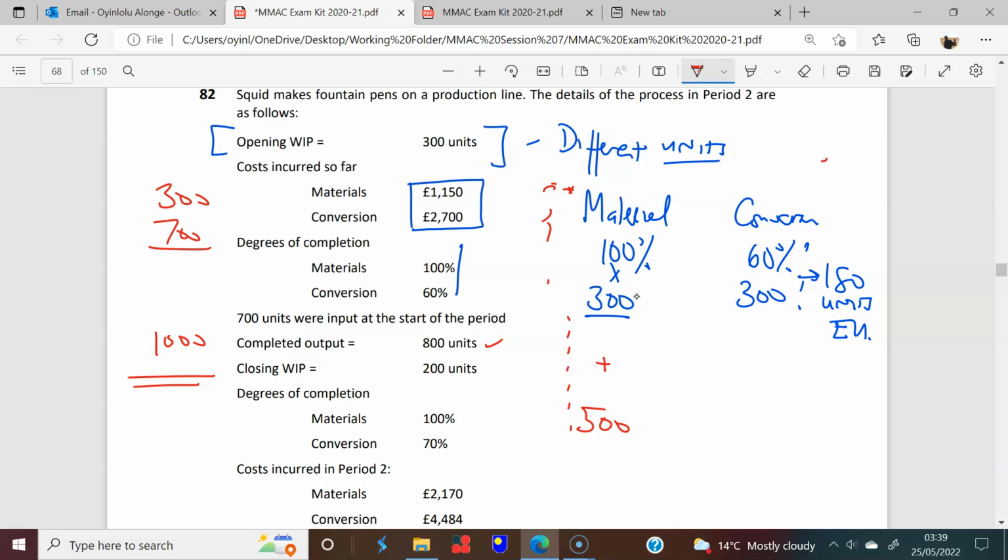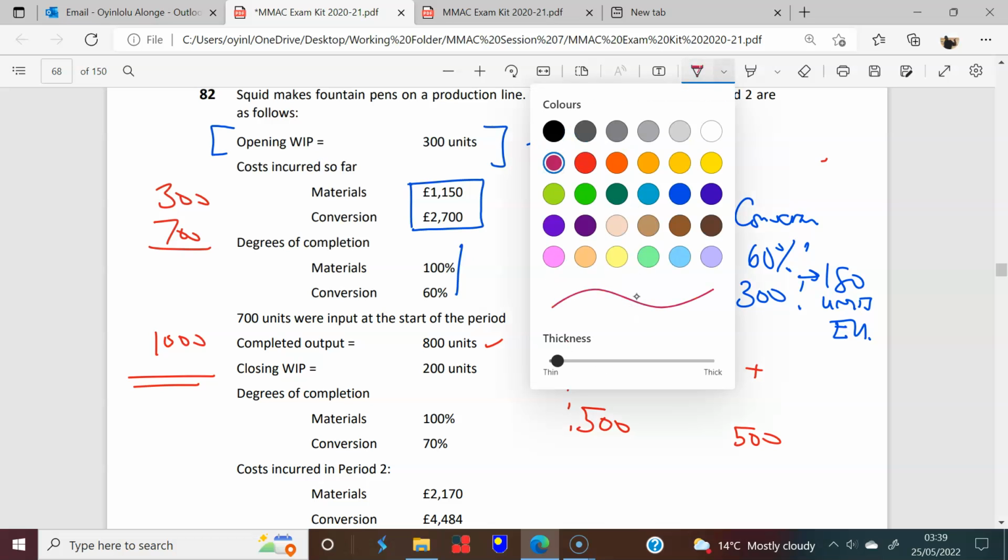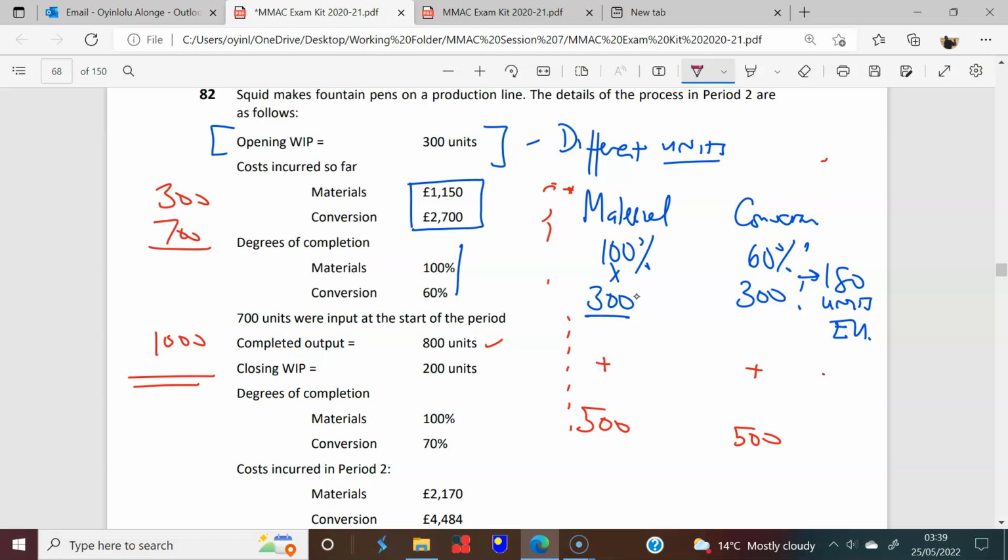You would also have, at the end, 200 work in progress units, which are complete by material at 100%. And you would also have these 200 units, which are complete by conversion at 70%.